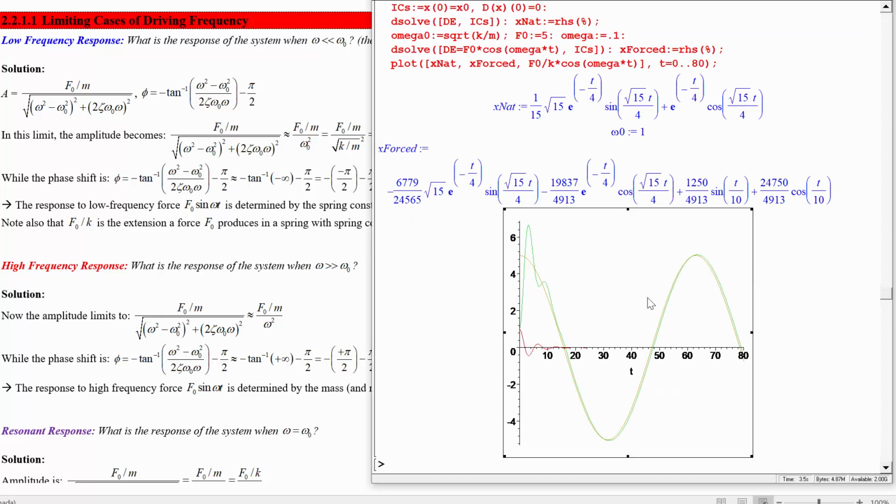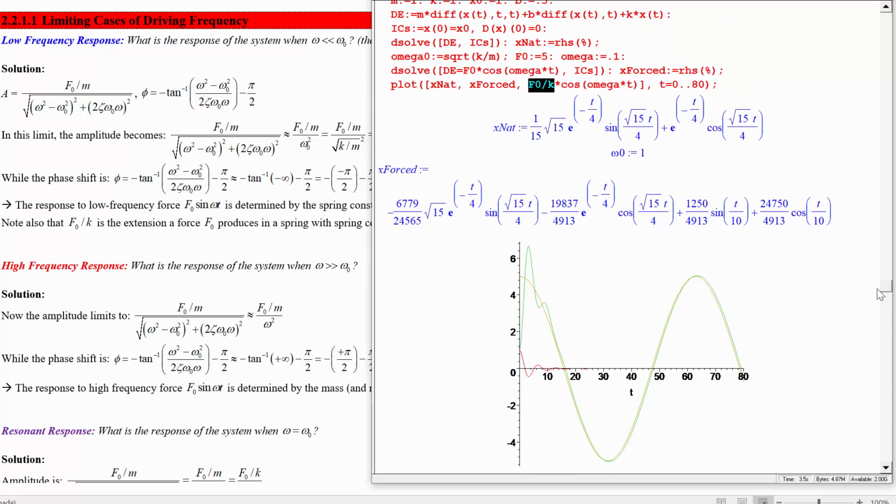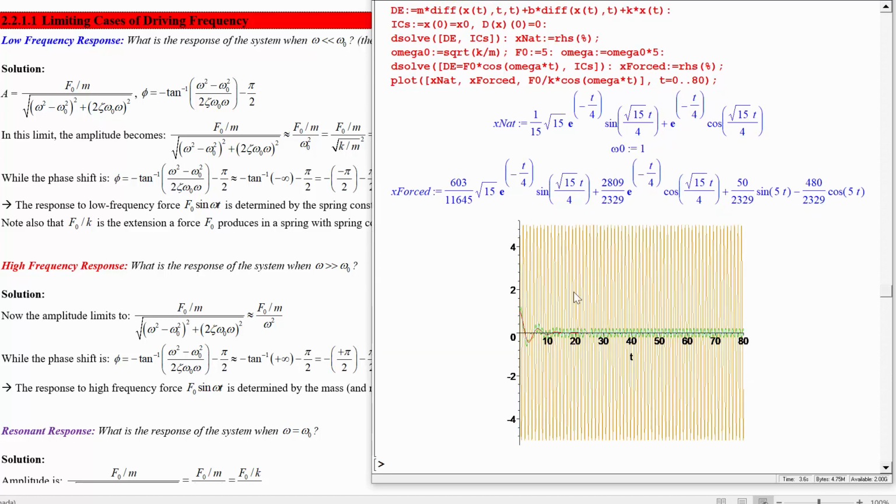So let's keep the low frequency response on here for comparison, like what it would have responded with if it wasn't for these resonant effects, and increase the frequency. So instead of 1/10 of the resonant frequency, let's go to omega naught times 5 times the resonant frequency.